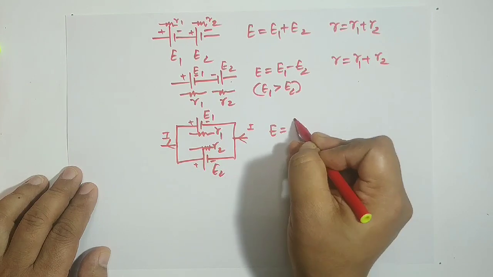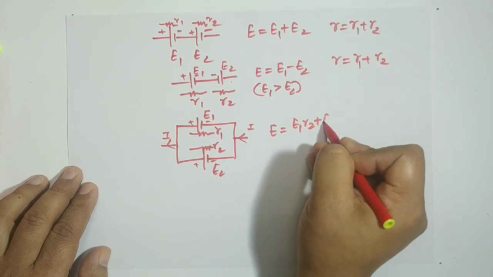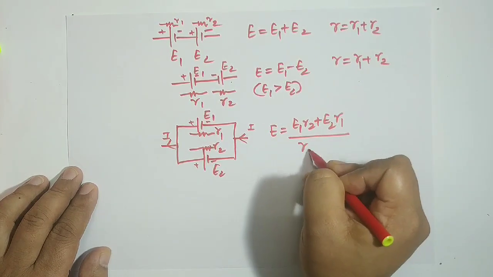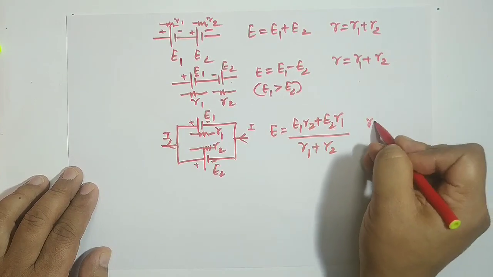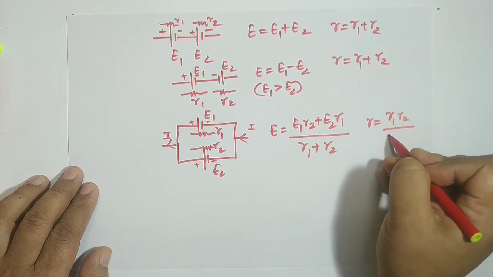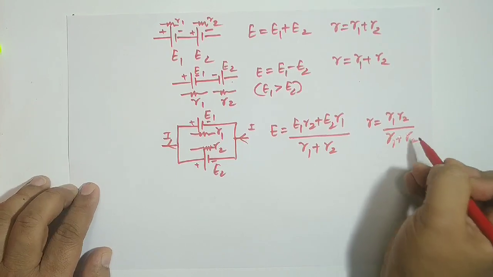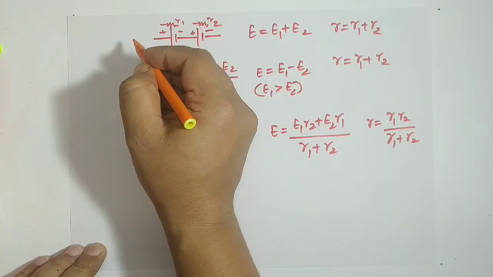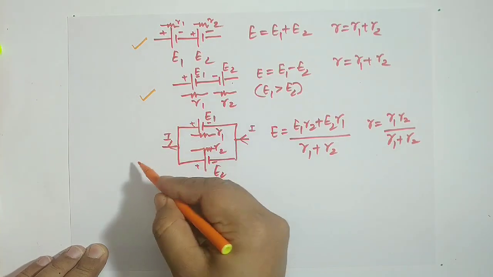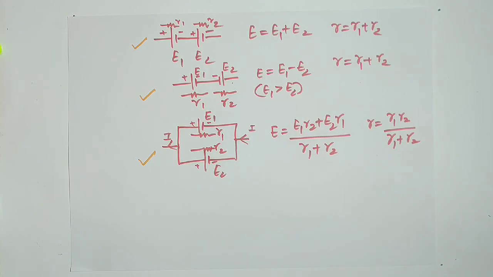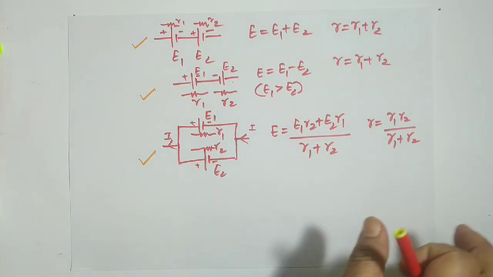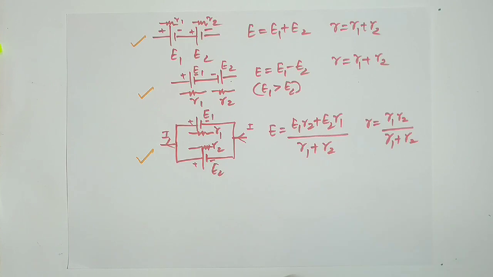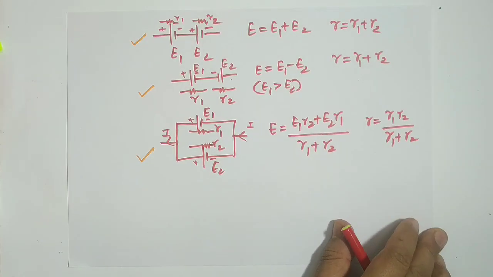E will be E1 R2 plus E2 R1 upon R1 plus R2, and R will be R1 R2 upon R1 plus R2. These are the things which we have seen in this case. So we are going to deal with one or two numericals based on this. Okay, so cells in series and parallel is clear.